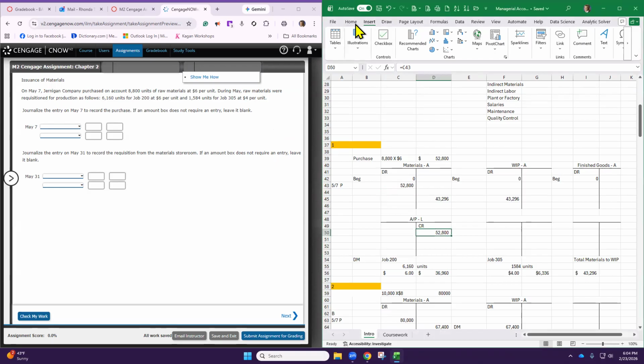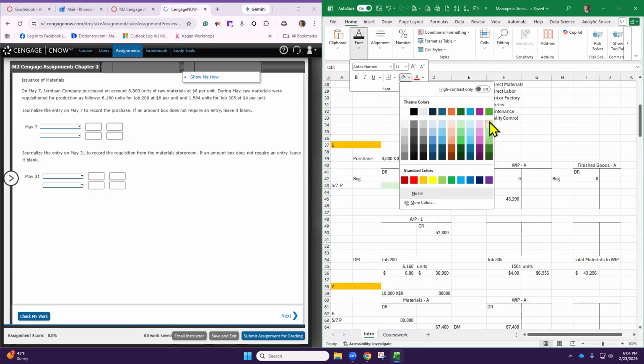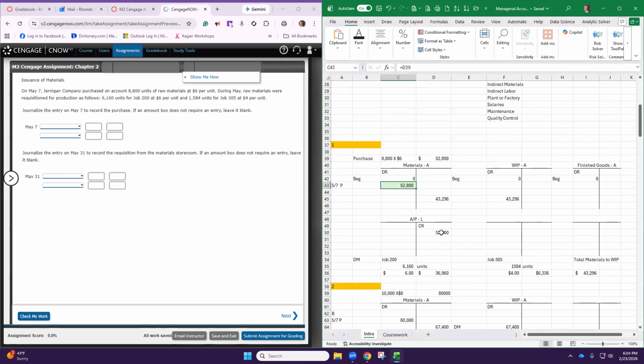Okay, so let me go back to where I was here. All right, so I want to make this a certain color, so you can match up what we have here. There's that one and this one. Okay, so let's go ahead and put this in. So this is making a purchase. Purchases normally only happen here in the materials account.